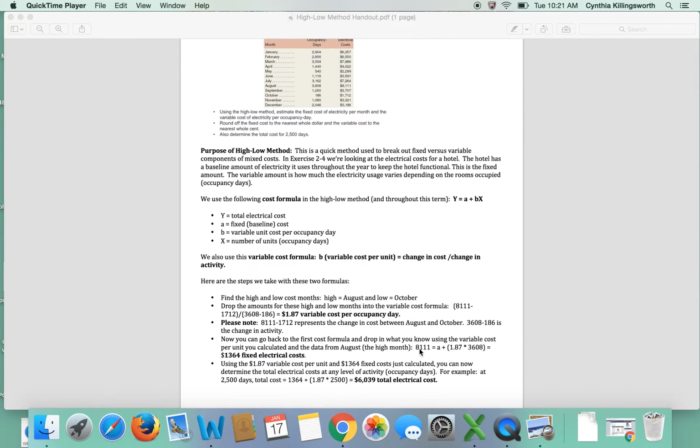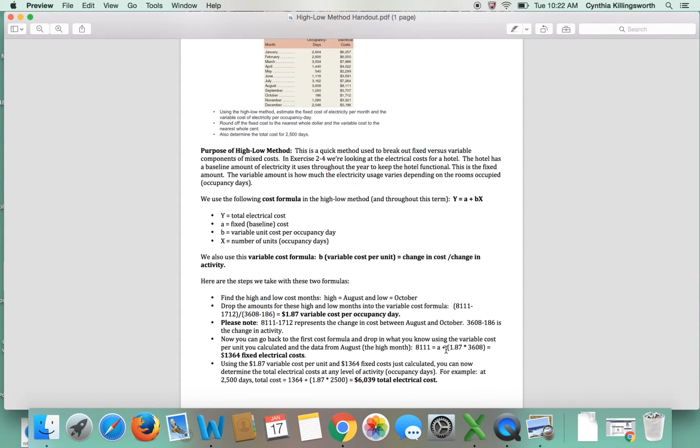So for the high month, the total cost was $8,111. And what I don't know is what's the fixed cost, so we'll leave that A, plus $1.87 is the variable rate, times what are the occupancy days for August? They were 3,608. If we solve for A, we come up with total fixed electrical costs of $13.64.